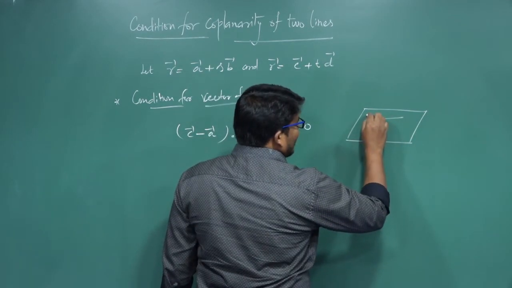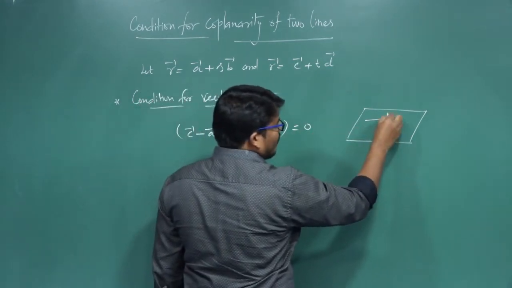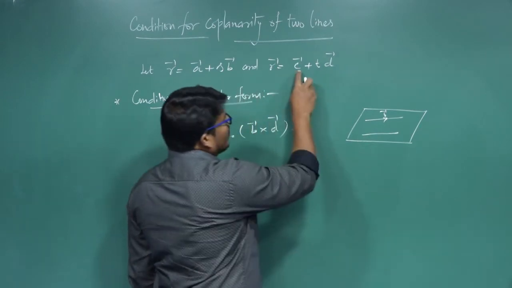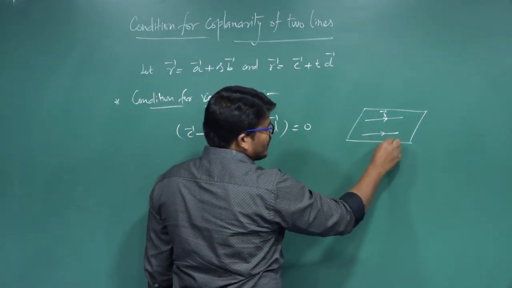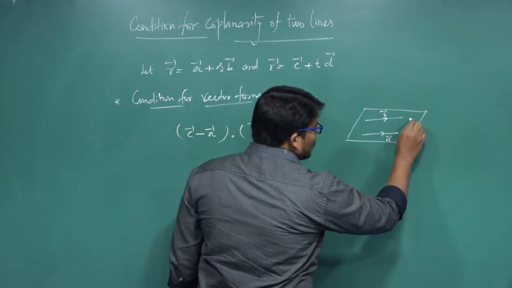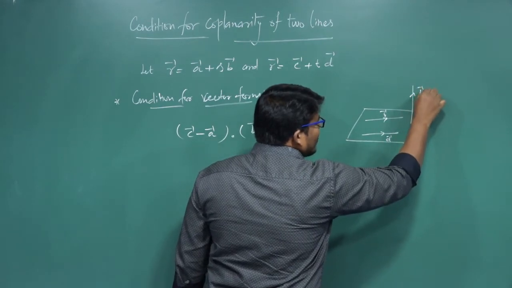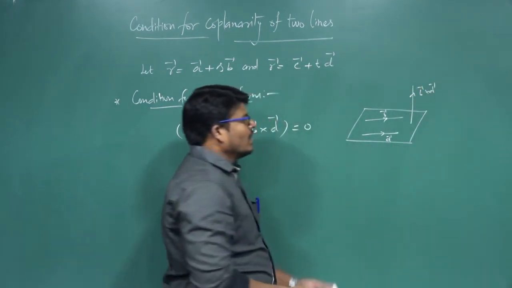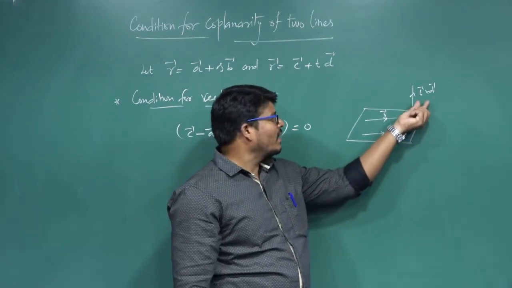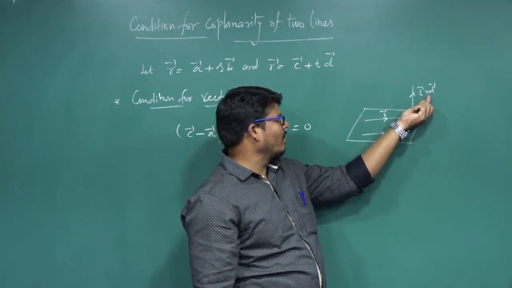The first line is r vector equal to a vector plus s b vector, whose direction is b vector. And this line is r vector equal to c vector plus t d vector, whose direction is d vector. Now find b vector cross d vector, which is a perpendicular vector.